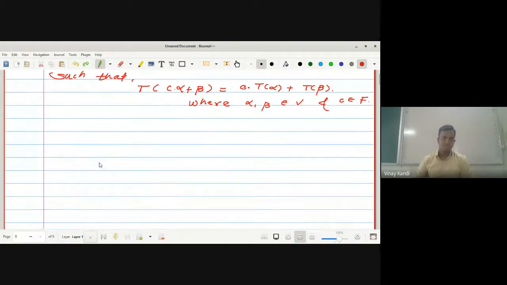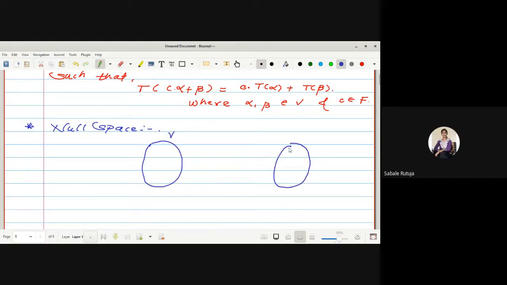Now the second definition is null space. What is null space? Suppose this is the vector space V and this is the subspace of the domain vector space.